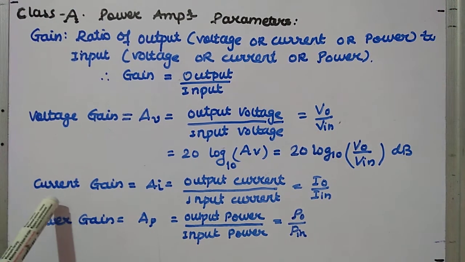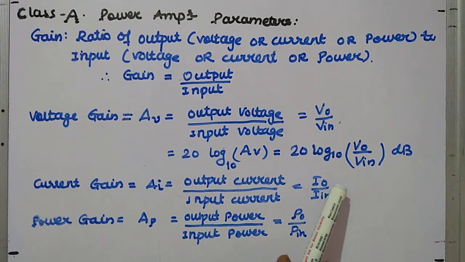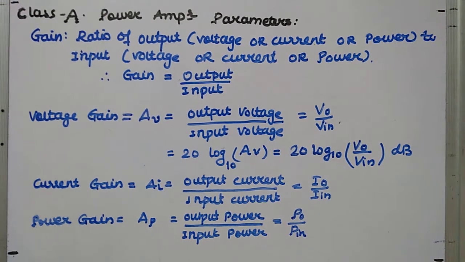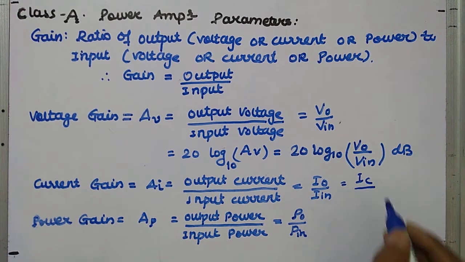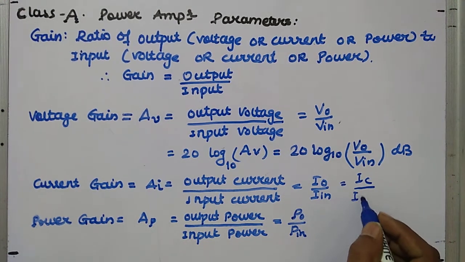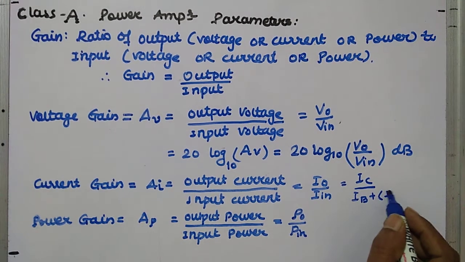Similarly, current gain is given by A of I equals output current divided by the input current. IO means the output current, basically the collector current, so we can mention it as IC, and input current is basically base current plus input signal.